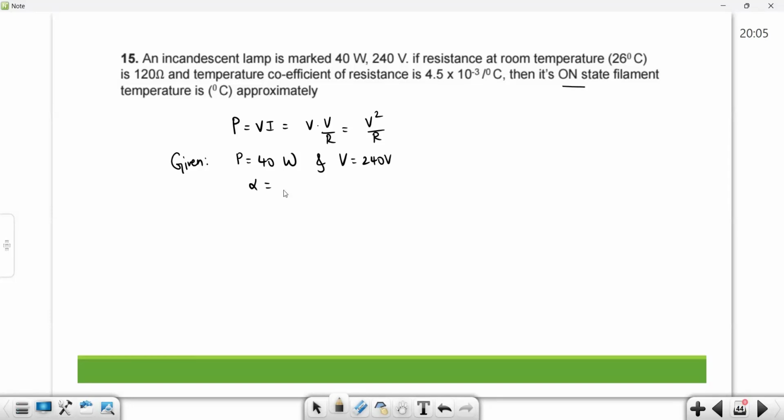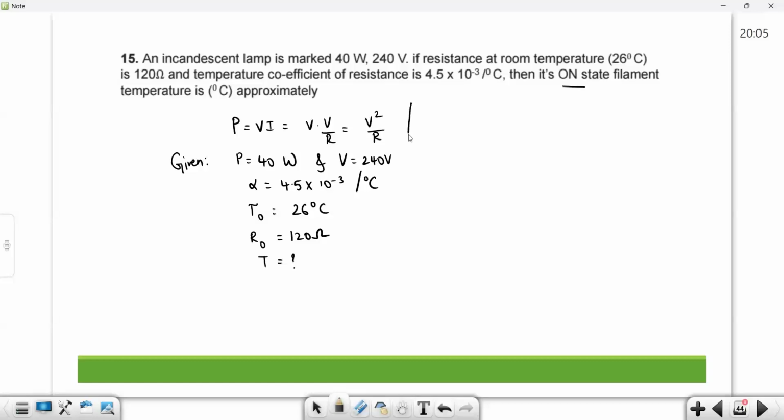And alpha, the temperature coefficient, is equal to 4.5 into 10 power minus 3 per degree Celsius. And room temperature, that is the initial temperature T naught, is equal to 26 degrees Celsius. And R naught is equal to 120 ohm. You have to find the value of T.